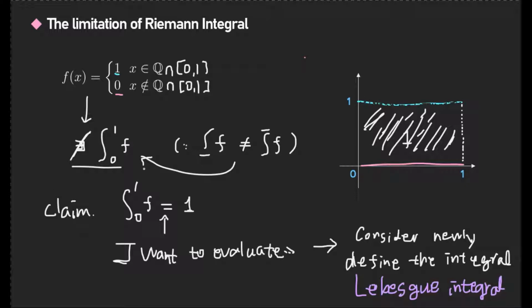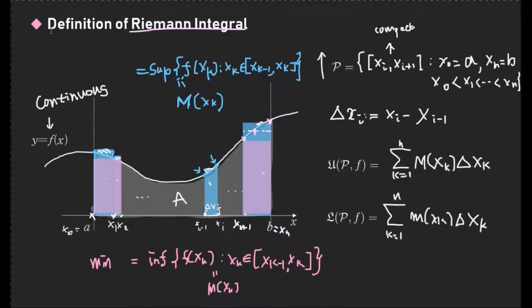If we study the Riemann integral, the Riemann sum just uses a partition of the interval and multiplies by rectangles.